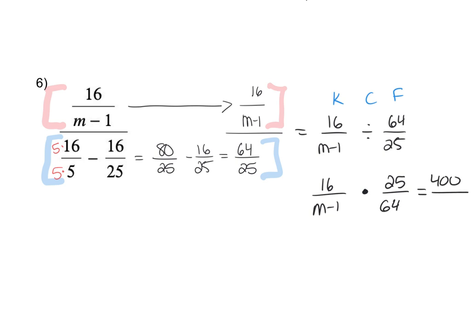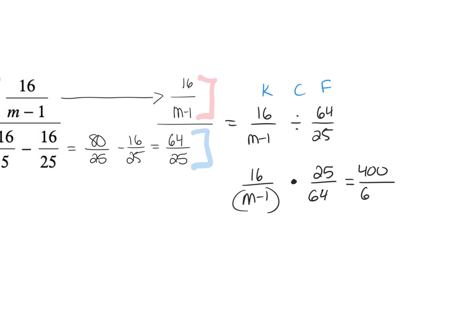Now, this one here, it's m minus 1 times 64. So we can leave it separate and write it as 64 times m minus 1 like this. I would recommend that because 400 over 64, we can reduce that fraction.